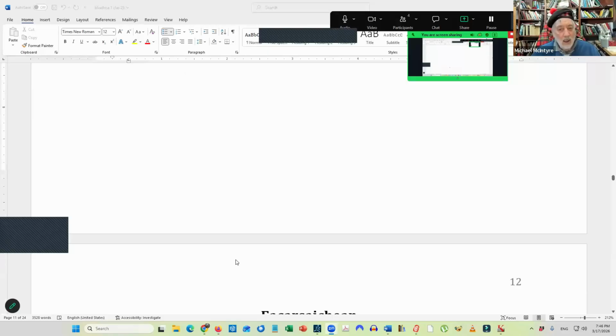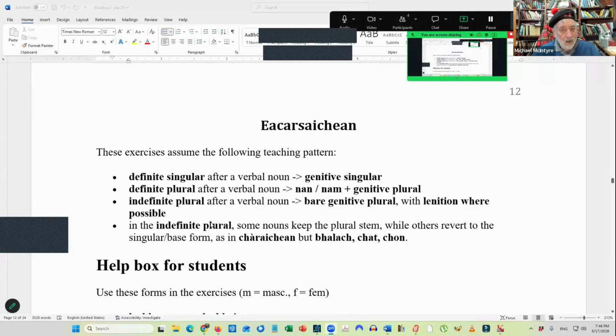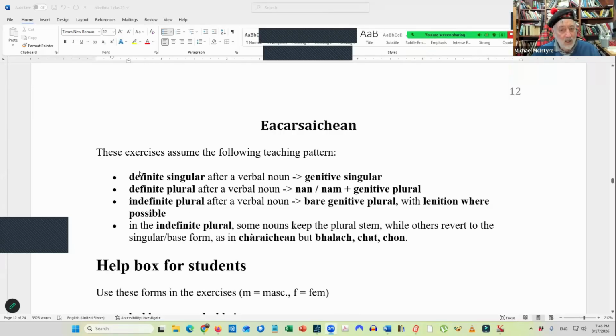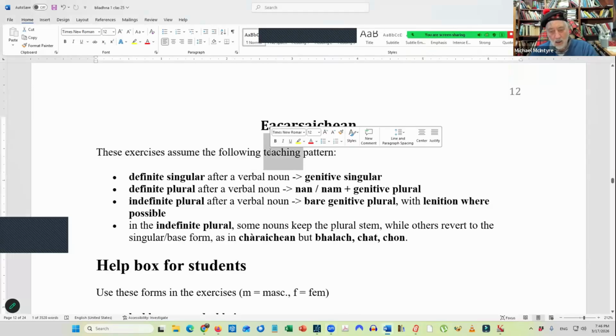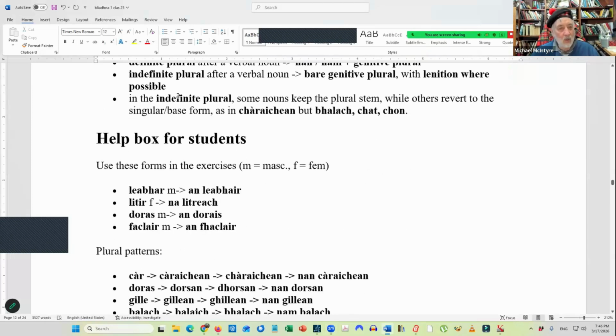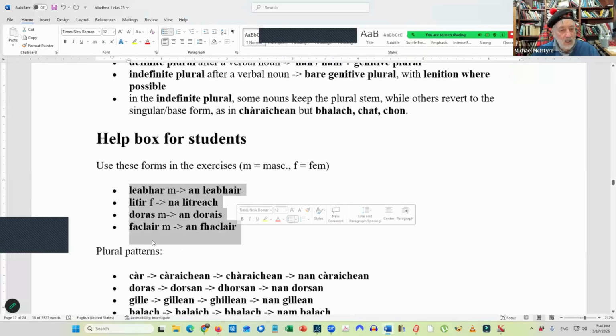All right, so let's go back to share. We have the rules, and here are some of the words that we use: lore, angor, leecher, nalitrich, doris, andorish.